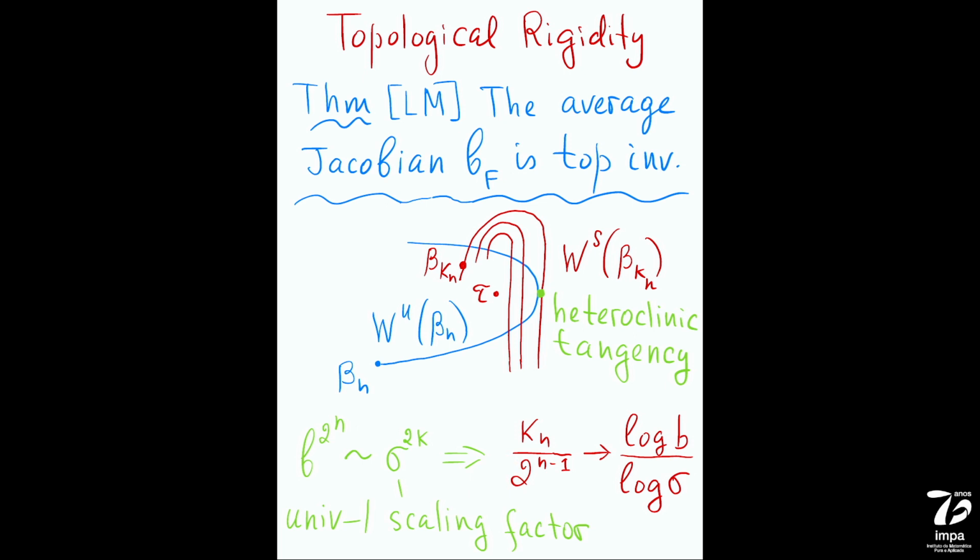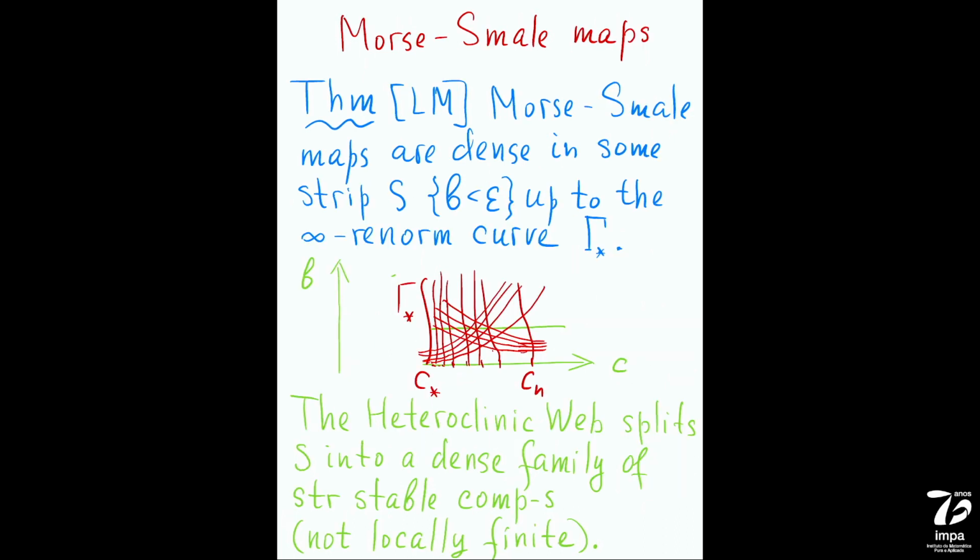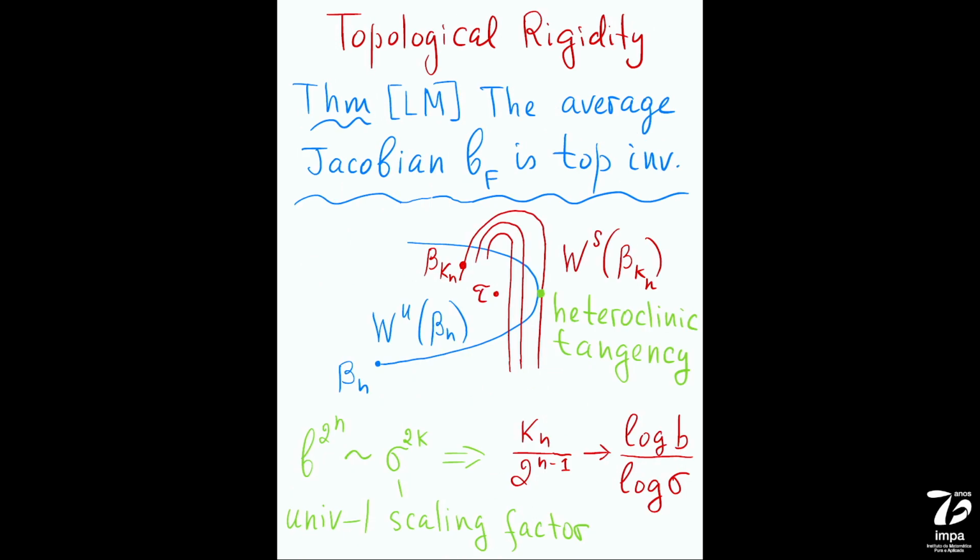So you see that log b over log sigma is equal to k_n divided to the power 2^n minus 1. So this topological invariant controls the geometry, the average Jacobian. The average Jacobian can be recovered. It is this kind of rigidity that is of course not present in the one-dimensional situation, but that is what is happening specifically in the two-dimensional situation.